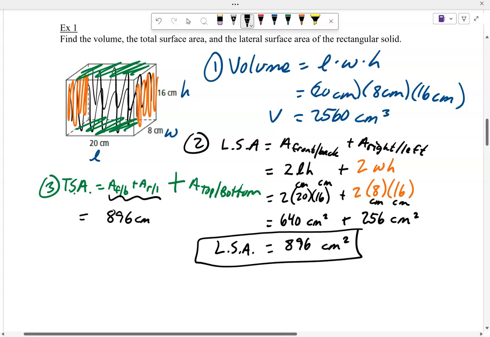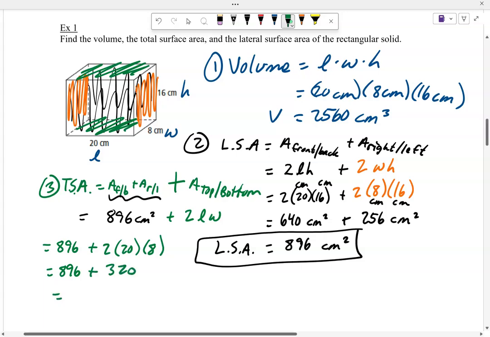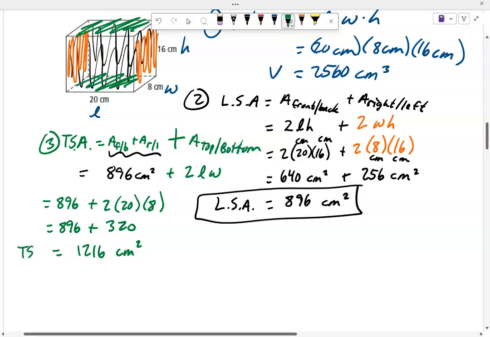So we just have to throw in the top and the bottom, which is 2 times the length times the width. So we've got 896 plus 2 times the length, 20, times the width, 8. 2 times 20 times 8 is 320, plus 896 gives us 1216 square centimeters. That's our total surface area.